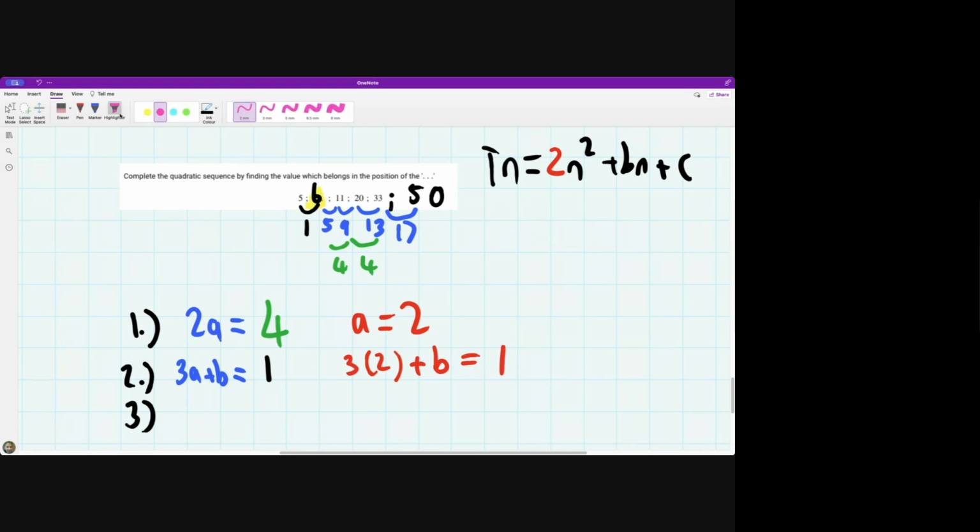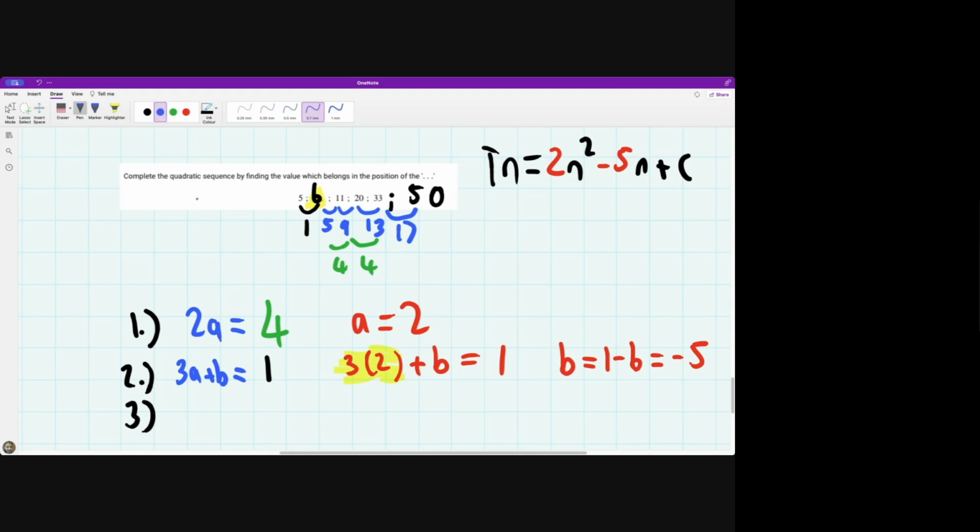If only we could move 3 times 2 to the other side. Well, what is 3 times 2? It's 6. So then b would be equal to 1 minus 6, which is minus 5. So now we know that this over here is just going to be a minus 5n.